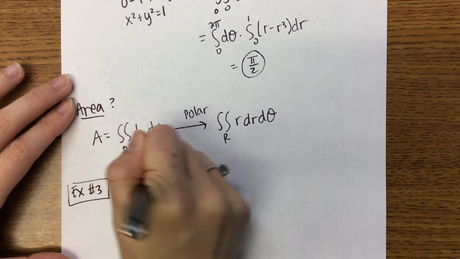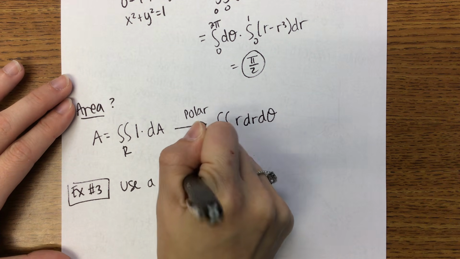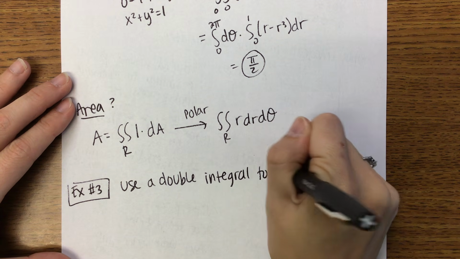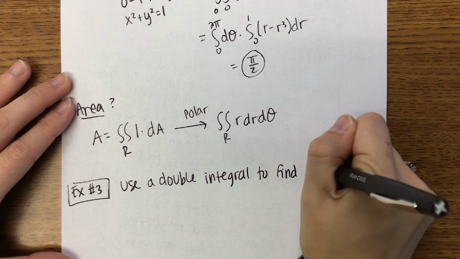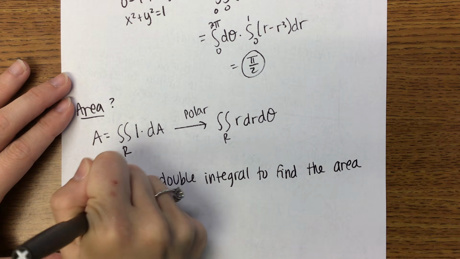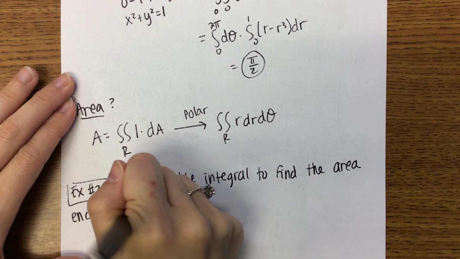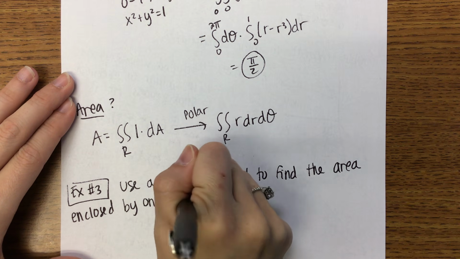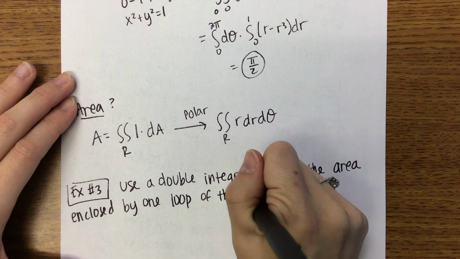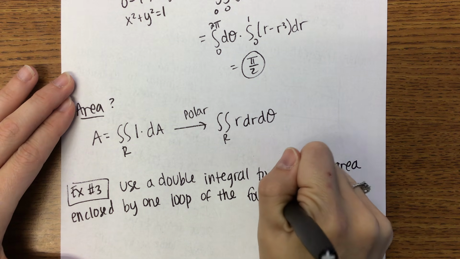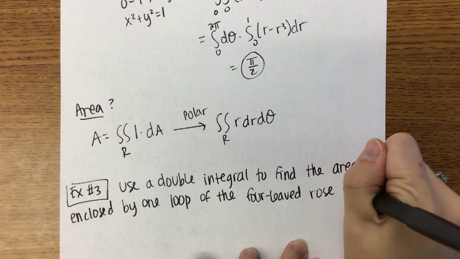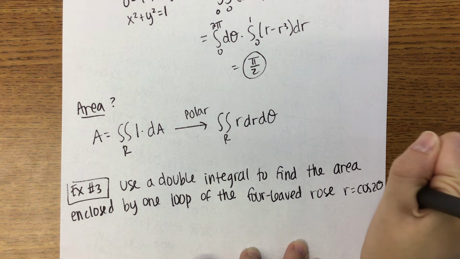We are going to use a double integral to find the area enclosed by one loop of the four-leaved rose with the equation r equals cosine of 2 theta.